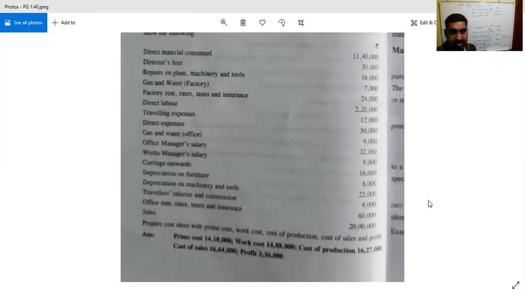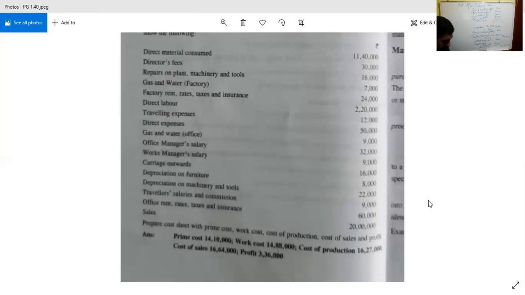Then traveler's salary and commission is in distribution. Then office rent, rates, taxes and insurance, it is 9,000. Then director's fee. Where is the director? He is in the office. So director's fee is 30,000.